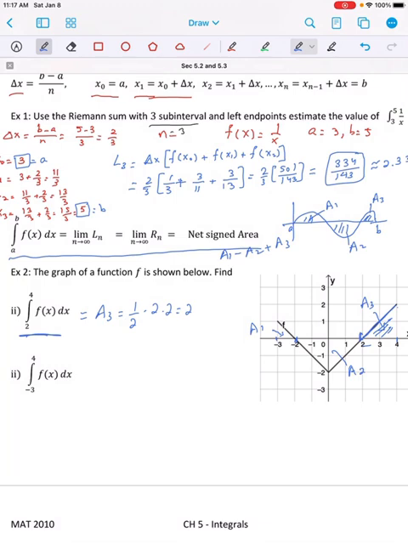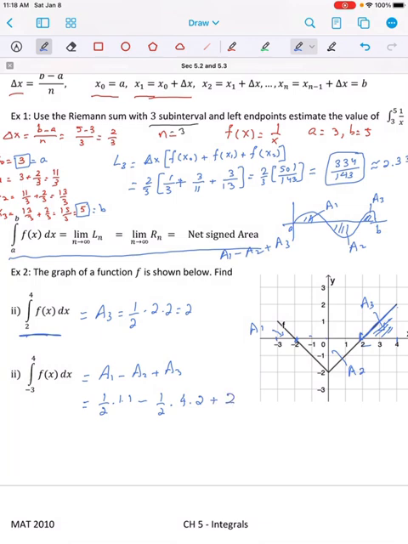So we will say that this thing is equal to A1 minus A2 plus A3, where A1 is 1/2 times 1 times 1, minus 1/2 times, so if we calculate the area of the triangle which is below the x-axis, its width or base is 1, 2, 3, 4, and the height is 2, and then plus the A3 we already calculated, so I'm going to use the value.